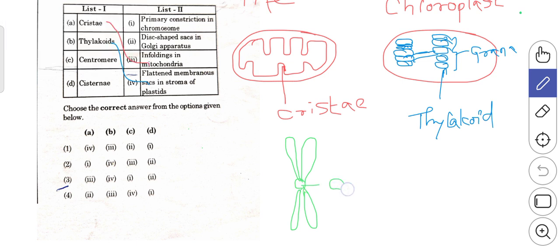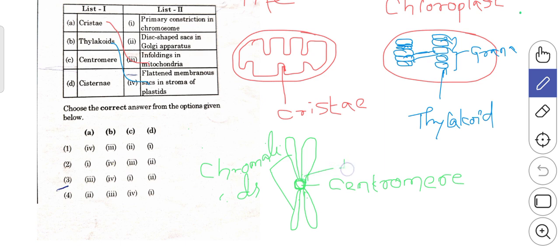The center part present here is the centromere, and these are called chromatids. Just near the centromere, we'll come across a constricted site that is called the primary constriction. So the centromere is the primary constriction in a chromosome.